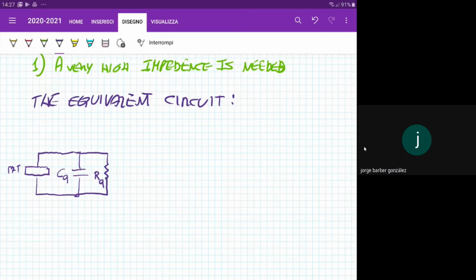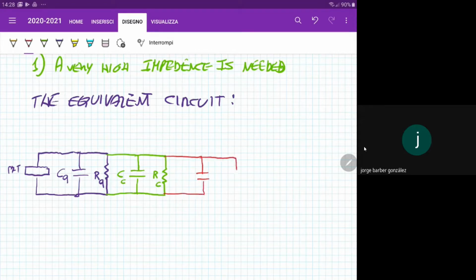Okay. Then we have to consider also the equivalent capacity and resistance of the cables, subscript C, and finally the capacity and the resistance, C_A and R_A, of the amplifier that is at the very end of your measuring chain that is there to let you know what is the output.